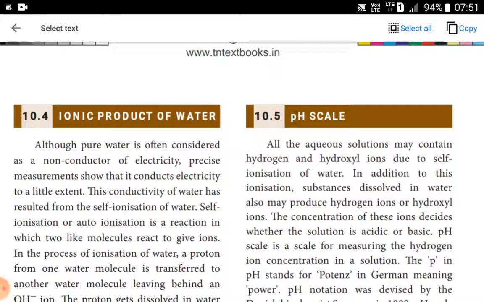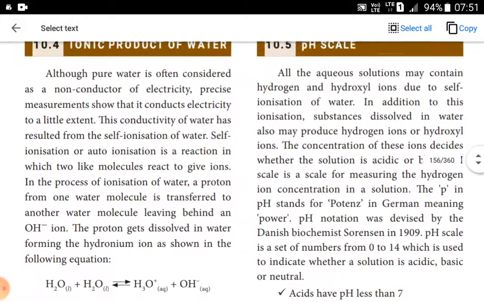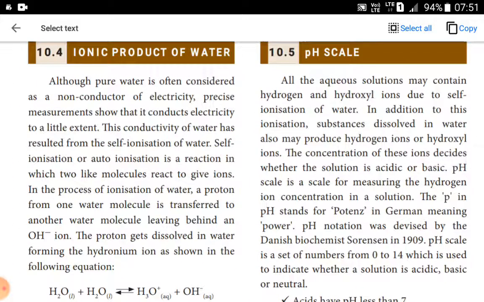And pure water is an insulator, a non-conductor of electricity. Already we have learned that pure water will not conduct electricity, but acidified water will. But precise measurements show that pure water also conducts electricity to a very small extent. This conduction of electricity is because of the self-ionization of water.